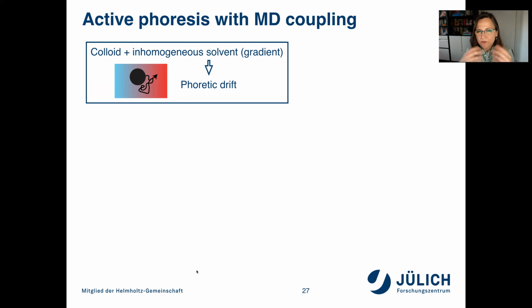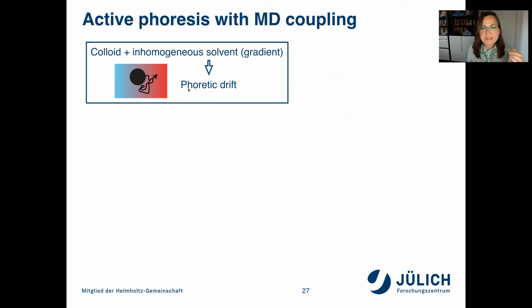It could be that you have different concentrations of reactant in solution. It could be that you have different ionic concentrations also. Then what happens is that the interactions are different on the surface of the colloid, and that results in the drift of the colloid.